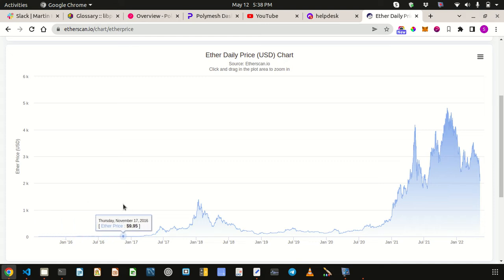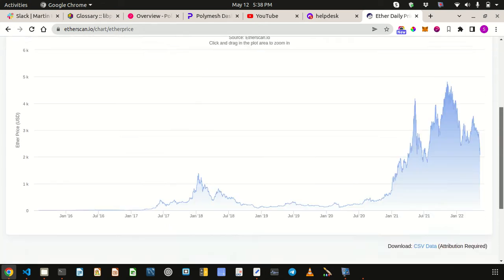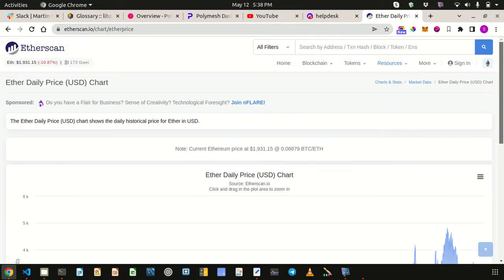But anyway, you can see that in July 2017, the Ether price started picking up, and in January 2021, the Ether price really started picking up. It goes to around $4,800, and right now the Ether price is around $2,000. So that graph is showing the historical price movement of the Ether over time.